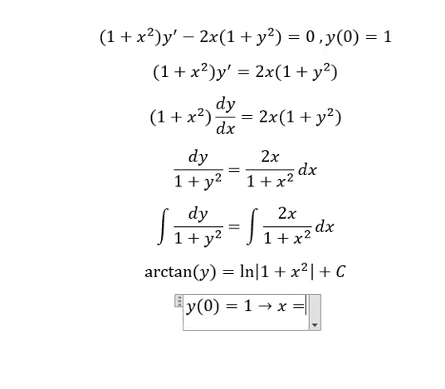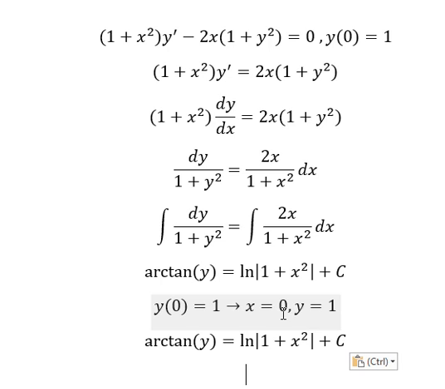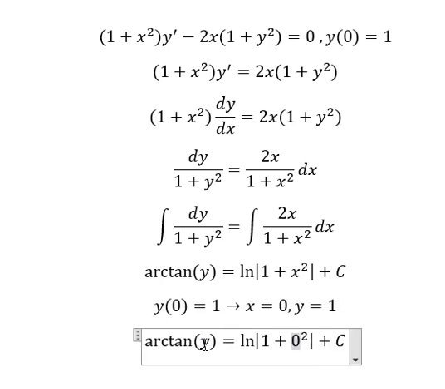That means when x equals 0, y equals 1. So I will put 0 here, 1 here, to find the value of c.